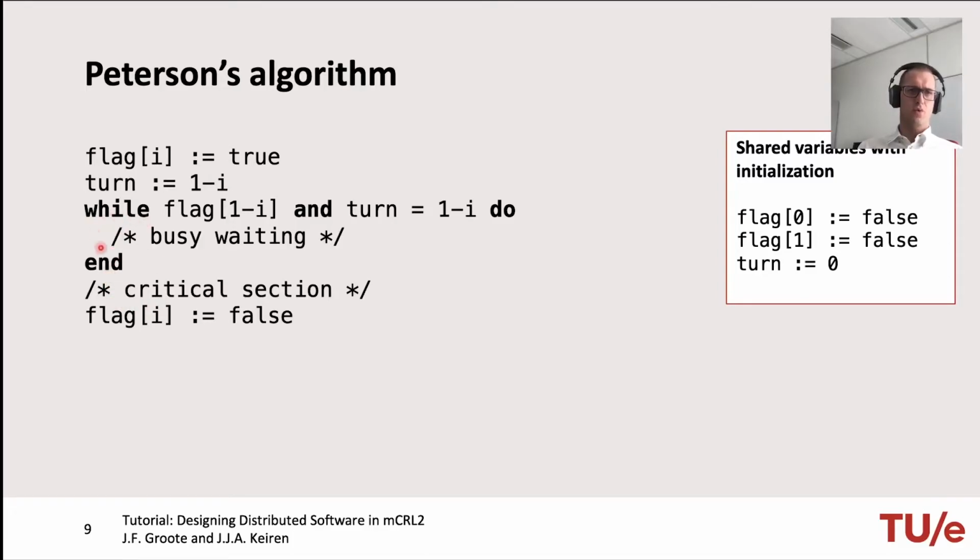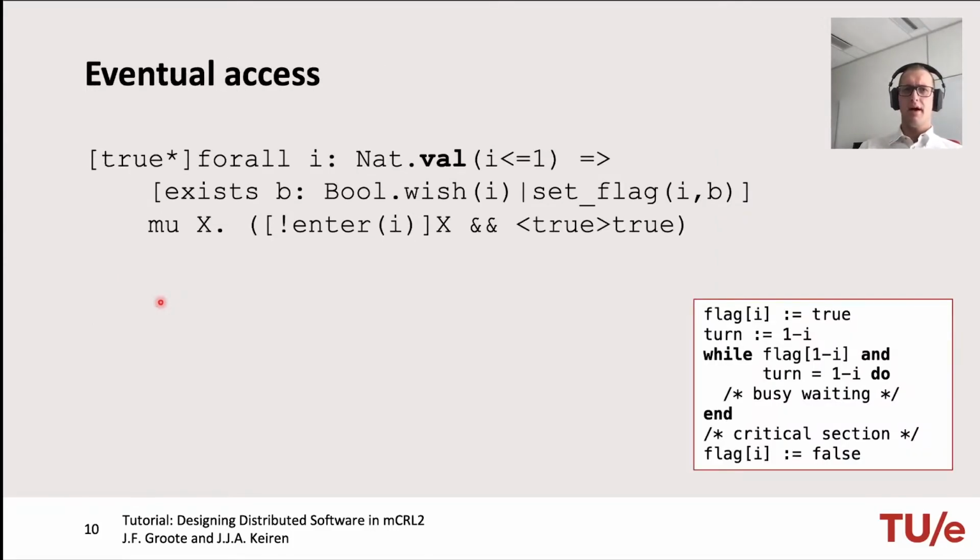And once one of these two conditions becomes false, this process will enter its critical section. And if we then verify eventual access, indeed, this property is satisfied by Peterson's algorithm. So that's nice. When a process in Peterson's algorithm requests access to the critical section, it's guaranteed that it gets access to the critical section in some finite number of steps.